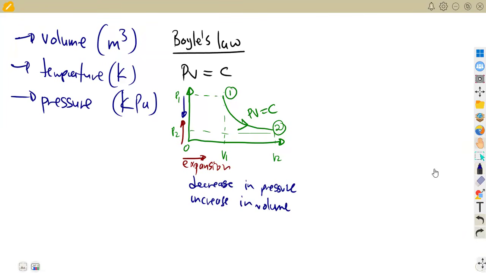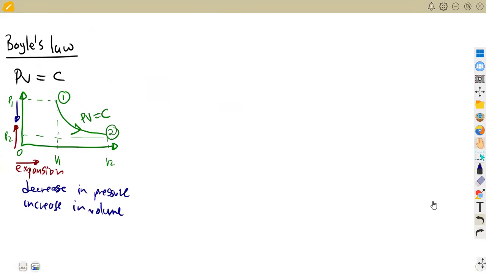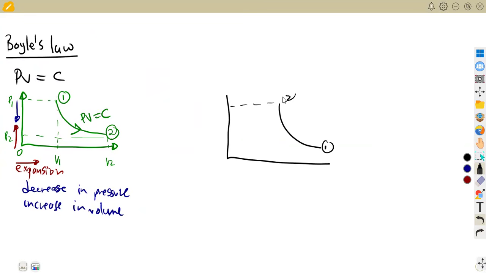But if it is under a compression, you see the opposite. Under a compression, we start from this point and go this side.